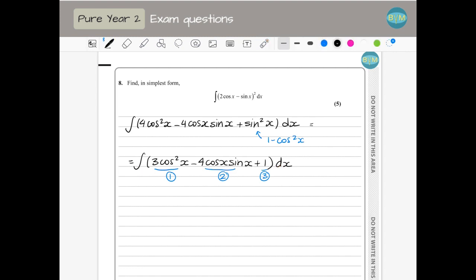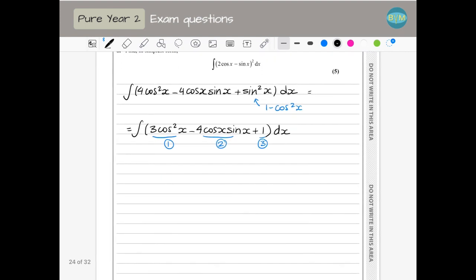So the first one is 3 integral cos squared x dx. For this one, I would say you have to know how to do these questions because otherwise it's difficult to think about them.